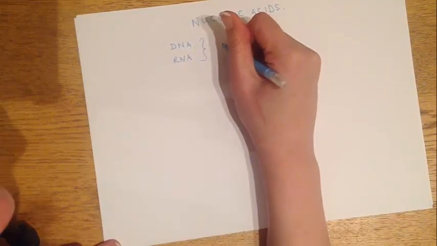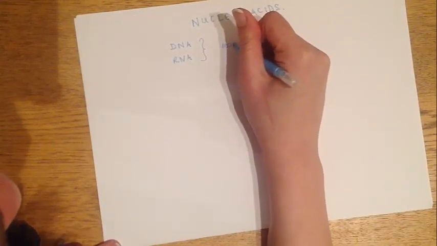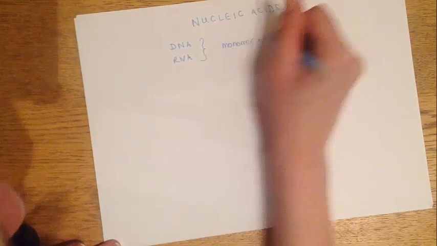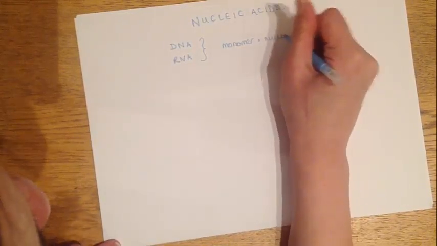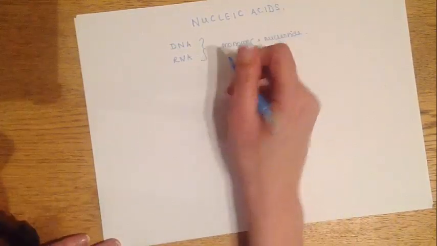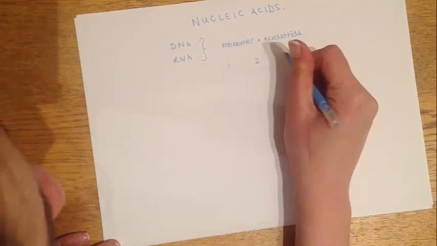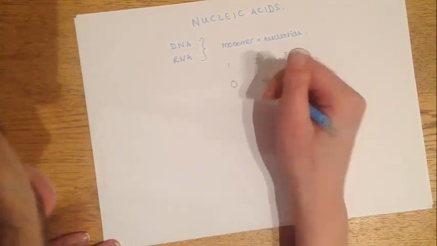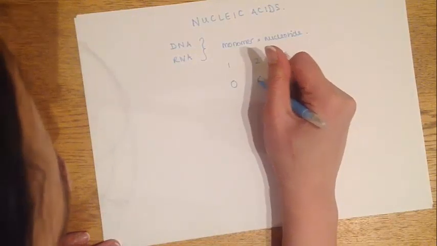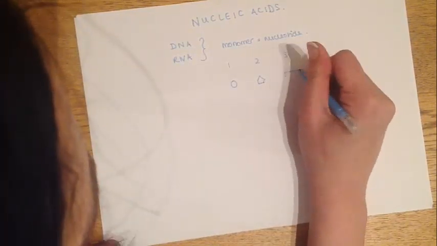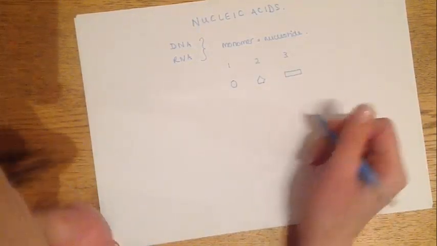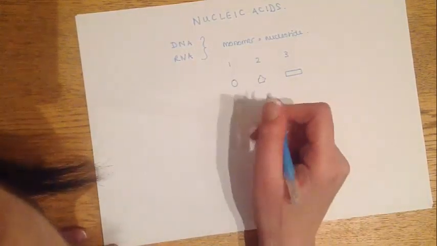So if we look at the monomer, that is the nucleotide. A nucleotide is always made up of three things: a circle, which is a phosphate, a pentagon, which is a pentose sugar, and a rectangle, which is a nitrogen-containing base.